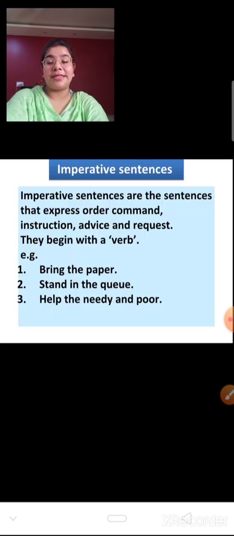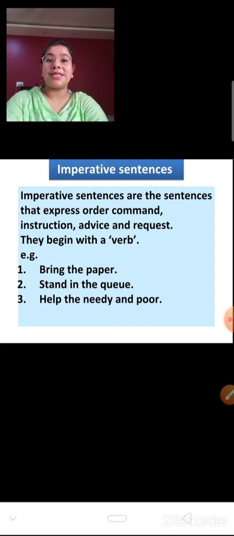Now the next sentence is the imperative sentence. Imperative sentences are the sentences that express order, command, instruction, advice, and request, and they always begin with the verb. Like if I'm ordering you, go and sit, don't talk.